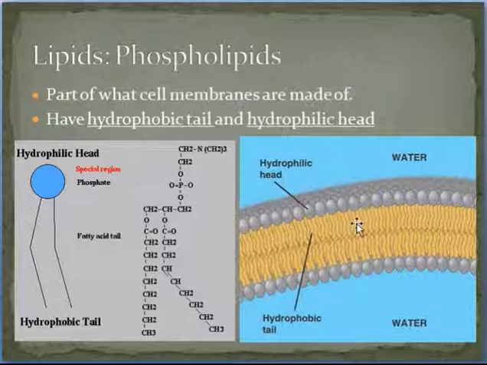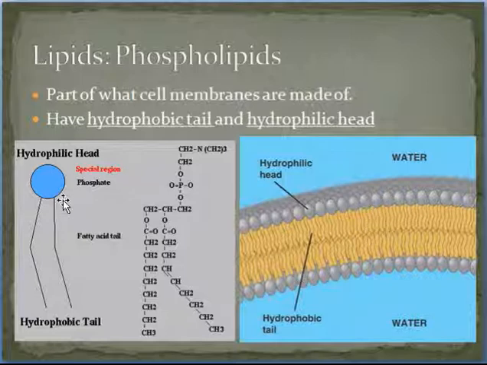So when you have this, it's called bilayer, bi because you have one layer here, one layer here, it allows it to sort of accommodate what the head and what the tail like. And that's what your cell membranes do. That's what your cell membranes are made out of.